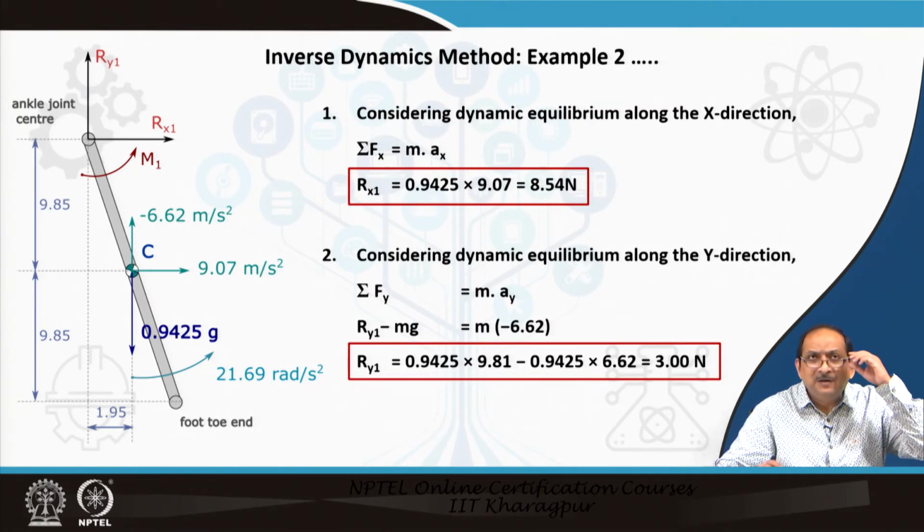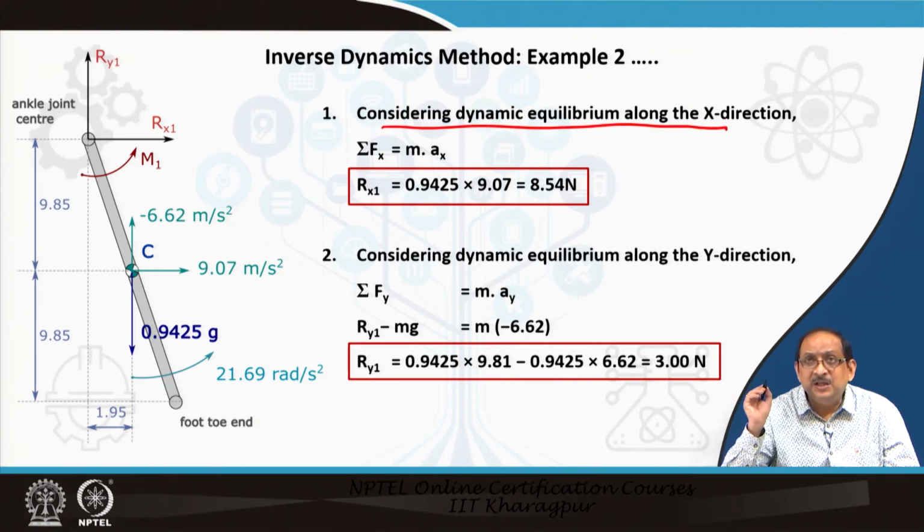Let us consider the solution of example 2. Please note that this is a dynamic problem. So, we will be considering dynamic equilibrium along the x direction, y direction and the moment due to rotation about a joint center.